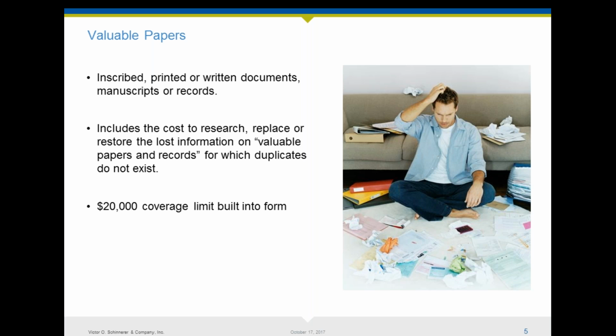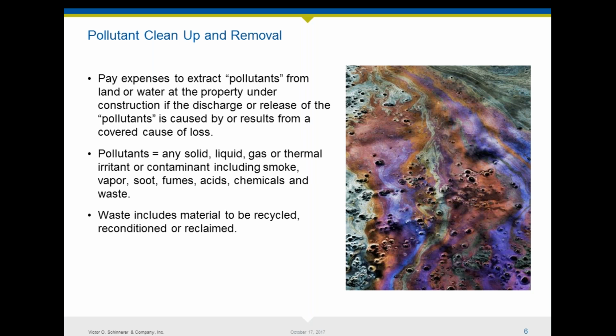Questions do arise about valuable papers, about plans, about different documents that may have been on the job site that have been misplaced or destroyed because of a covered cause of loss. I wanted to highlight this one because it is a very good coverage, and the sublimit is $20,000, and that can be increased. If this is a larger project and you think the exposure might be a little higher, this is something that we can talk about.